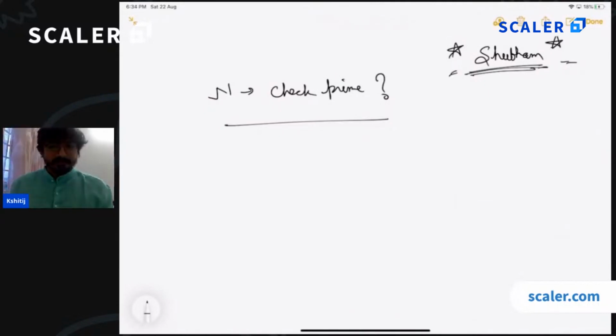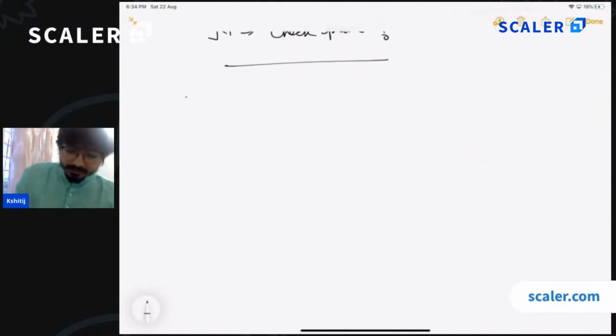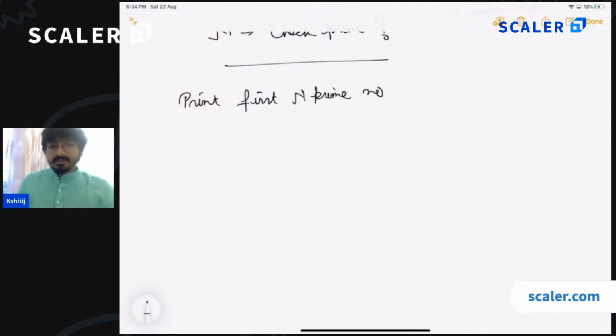Instead of getting a direct problem of checking whether a given number is prime or not, let's say that you have to print the first n prime numbers. Given a number n, you have to print the first n prime numbers. Or another question could be that you have to print all the prime numbers less than n.